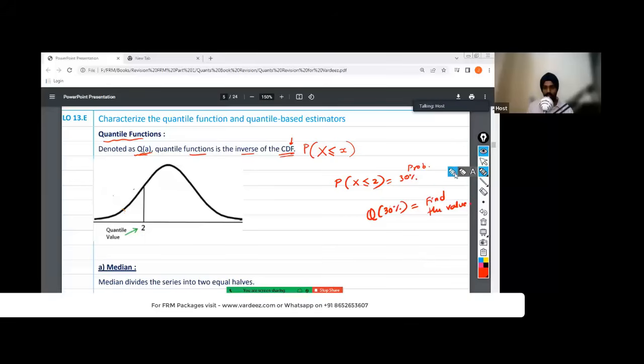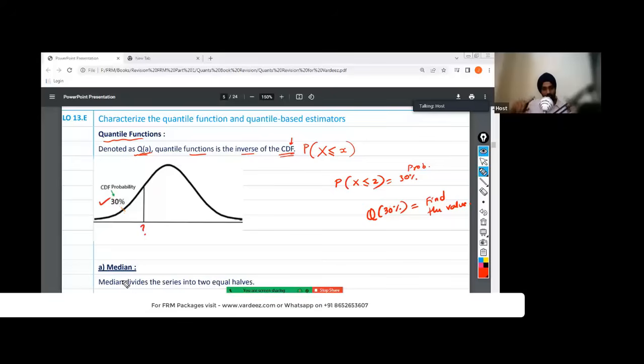So in the quantile function, it's going to look something like this. You are given the probability, Q30. What is the value over here?